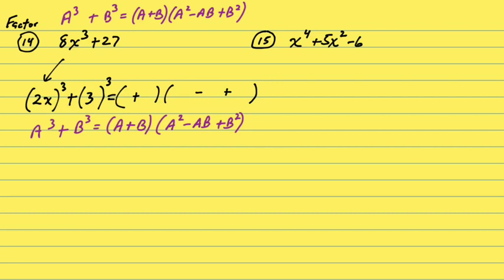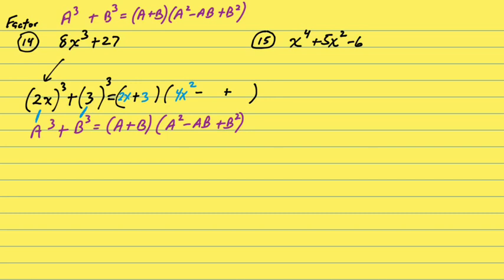Okay, what is A? Can you look here and tell me what A is? 2x. What is B? 3. If A is 2x and I have to square it, squaring the 2 and the x makes 4x squared.